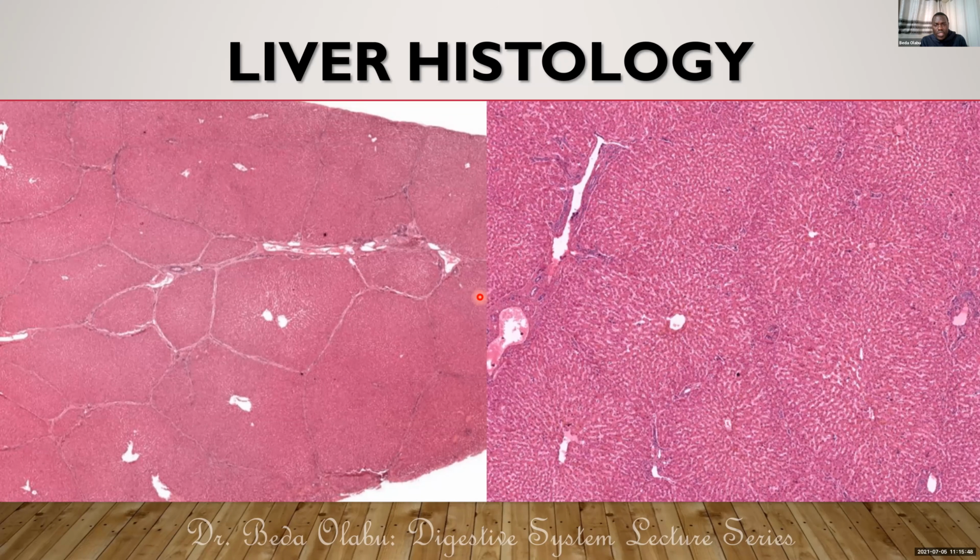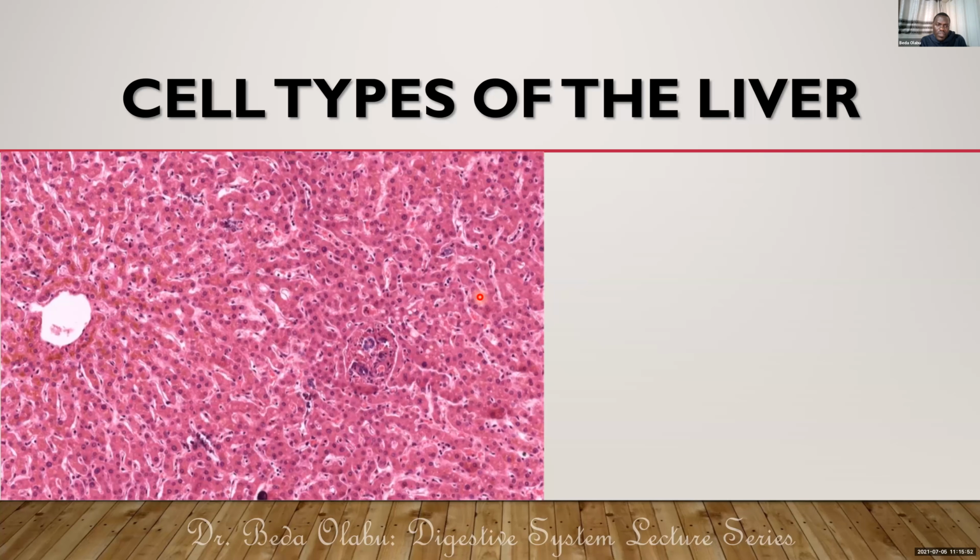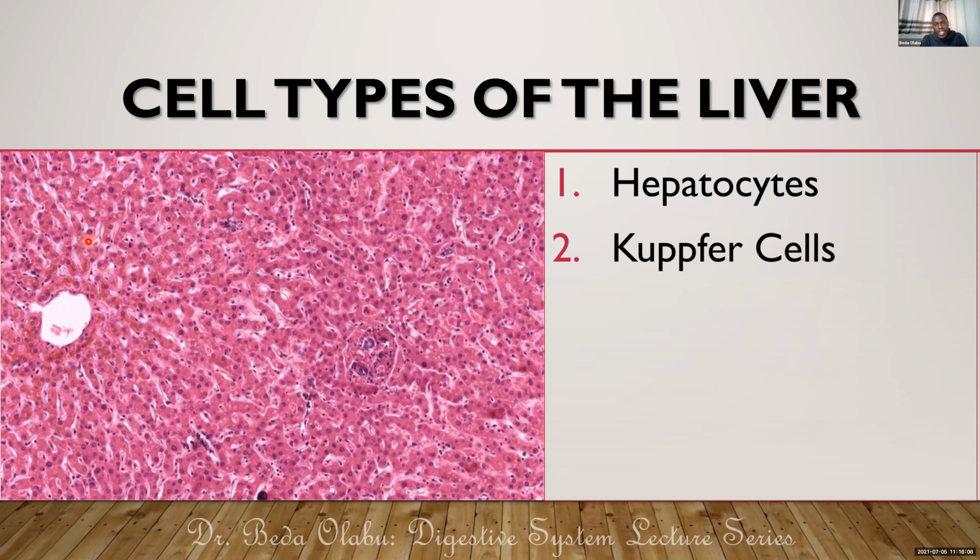But what I want to talk about are largely the cell types within the liver. Look at how the cells of the liver are arranged. They're arranged in somewhat cords. Those cells arranged in cords are the ones we call the hepatocytes, the major cell types of the liver. The hepatocytes are the ones that perform most of the liver functions. Apart from hepatocytes, we also have the Kupffer cells. Kupffer cells are liver macrophages.